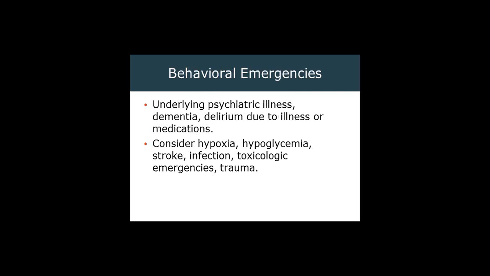Behaviorally, there may be a number of psychiatric illnesses on top of the delirium or dementia that they may already have. Remember that we may have a lot of people who are very depressed. So with behavioral changes, remember to initially consider all the potential medical causes before defaulting to a behavioral issue.